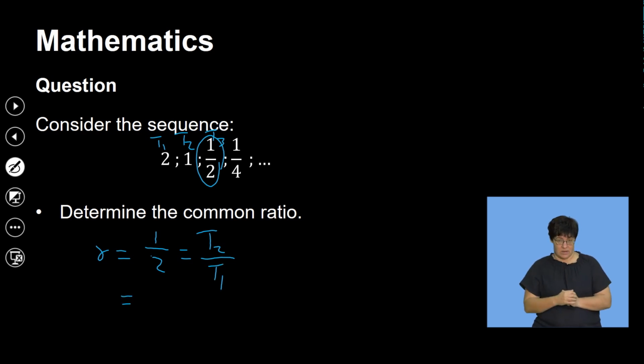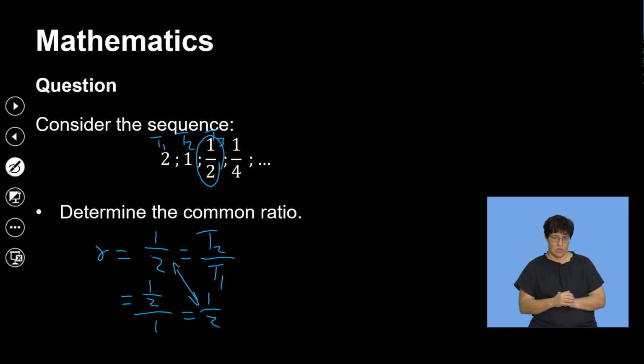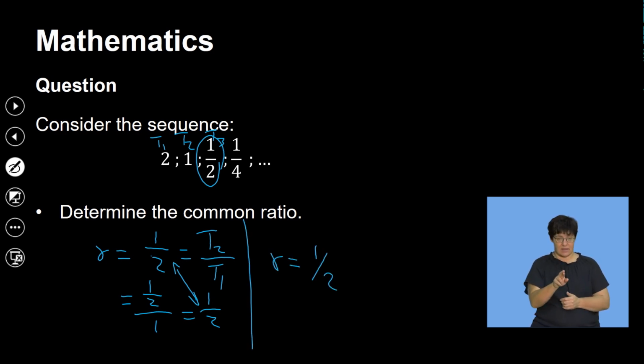Let's look at the other one. T3 divided by T2 will give me the same thing. That's 1/2 divided by 1, which is also 1/2. So you can see that it's actually the same value. So my r is just 1/2. I was just trying to show you that even with T3 and T2, it will still be the same value.